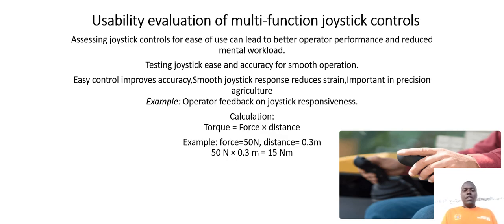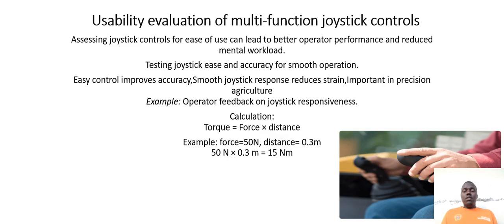Testing joystick ease and accuracy for smooth operation and easy control improves accuracy. Smooth joystick response reduces strain, which is important in precision agriculture. Example, operator feedback on joystick responsiveness.